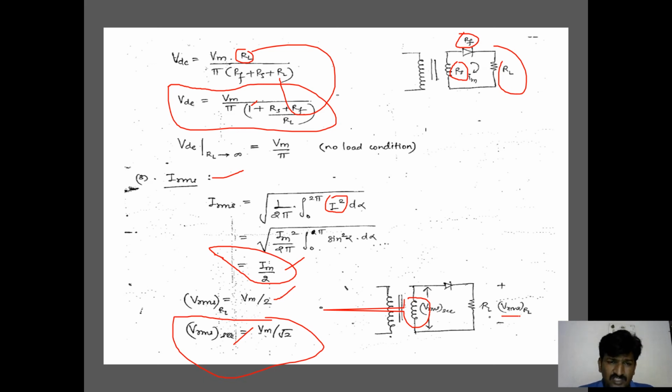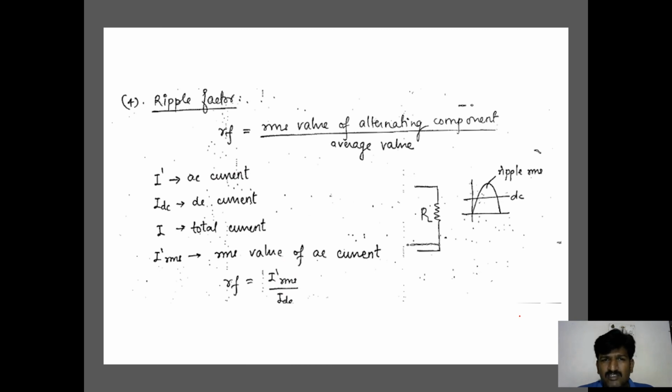Ripple factor: the RMS value of the alternating component divided by the average value. What is the ripple factor? It is the amount of alternating current available after the rectification of your input voltage. Though you are converting the alternating current to DC, the output still consists of some alternating component.